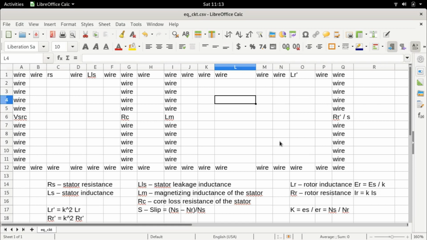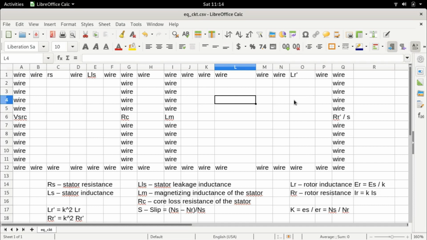Because as the rotor speeds up, this slip will keep on decreasing, and this equivalent resistance will keep on increasing. In a transformer, that does not happen. There is no rotation. Only if the load changes will the secondary resistance change. But here, the equivalent rotor resistance will change as the rotor speeds up.